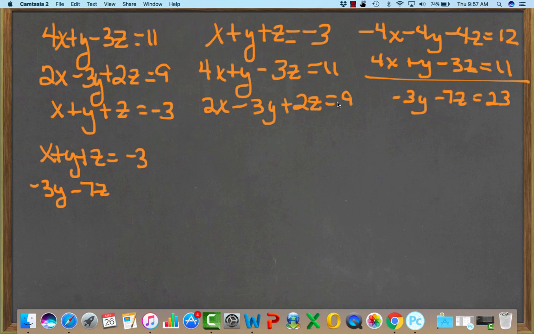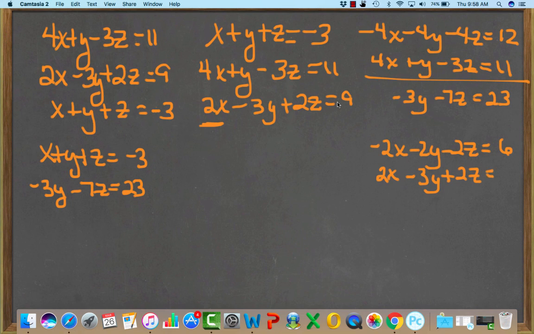So I multiply the first one by negative 2 so that I can eliminate this positive 2. So negative 2x minus 2y minus 2z is going to equal positive 6. And then row 3 was 2x minus 3y plus 2z equals 9. Add that together, I get negative 5y equals 15.